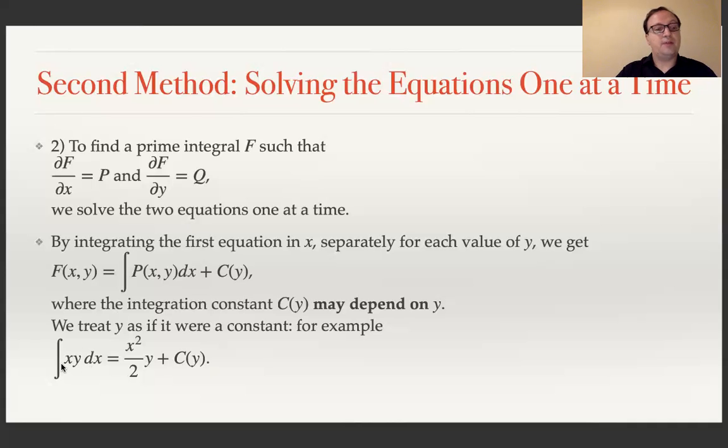So the integral of x times a constant is x squared over 2 times that constant. Or let's see, the integral of e to the 2x times e to the y will be e to the 2x over 2 times e to the y. So in all of these, we treat y as if it were a constant number.